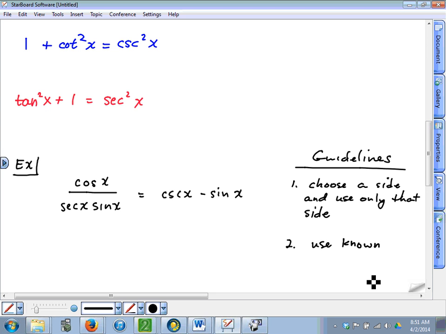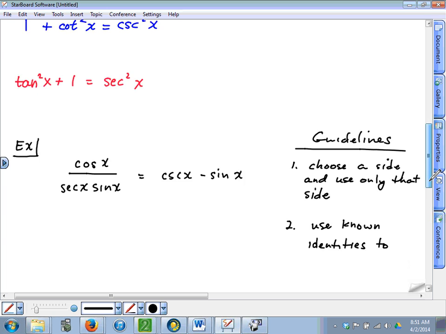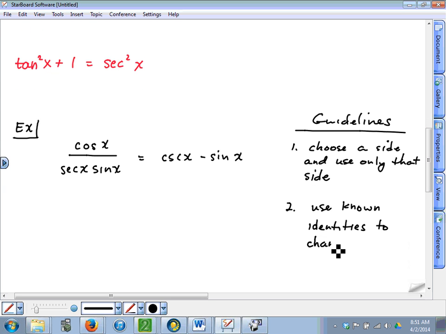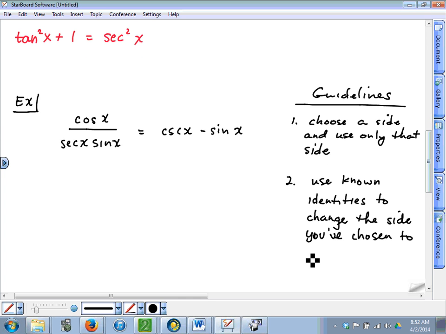Not identities that you make up, but use known identities to change the side you've chosen to look like the other side.